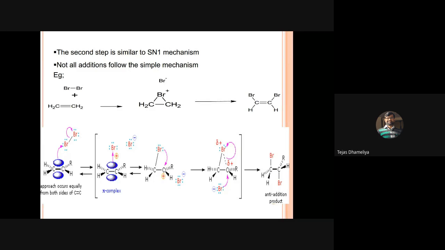So, the carbon-carbon double bond, which is a pool of electrons, a source of electrons, will attack any one of the bromines, and thus it will form this bromonium ion.